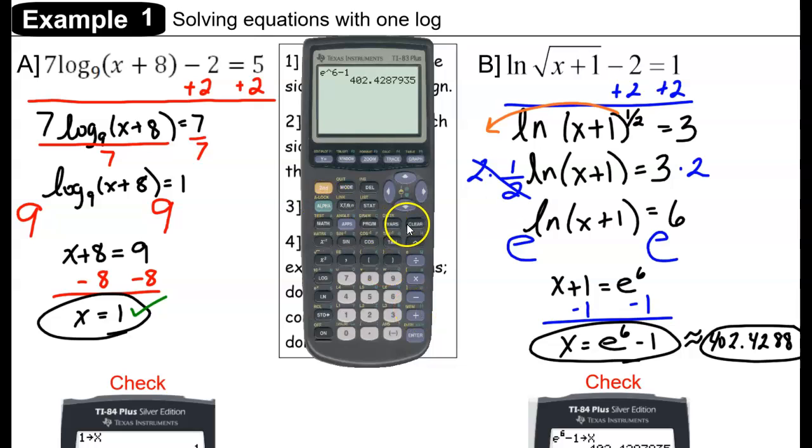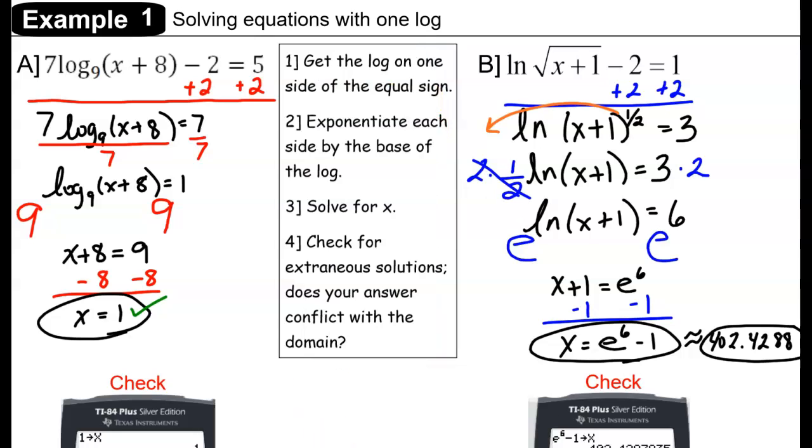So then to check that answer, we will store it as x, and then in the original we have a natural log of the square root of the quantity x plus 1 minus 2 equals 1, and we get back a 1, and so we know that that answer checks.